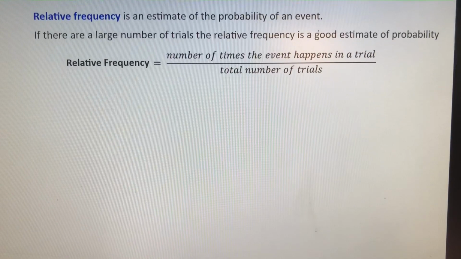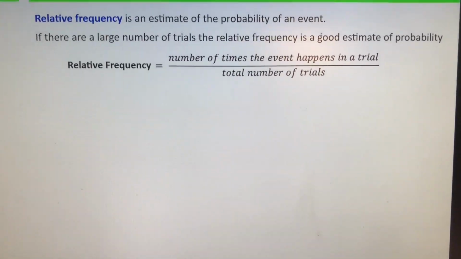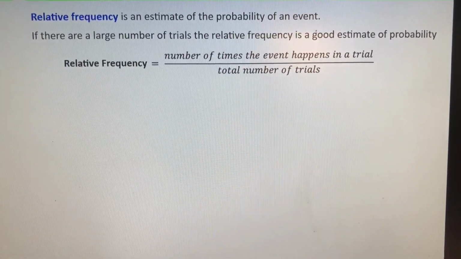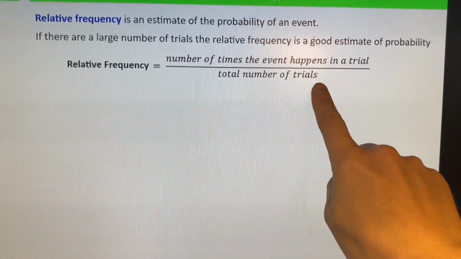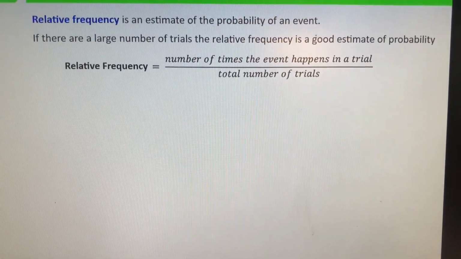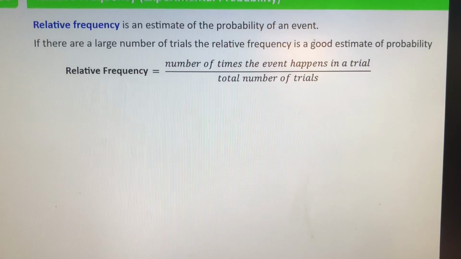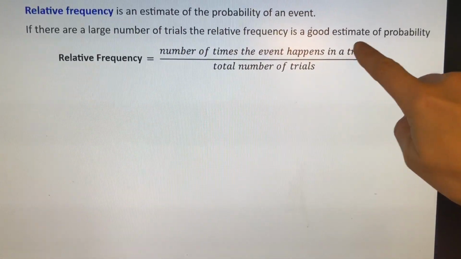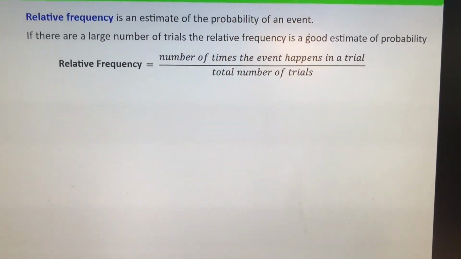Okay, so this means how many times did it actually rain? And then the bottom number is the number of trials that you performed. So it's how many times it did rain out of how many days that we looked at.